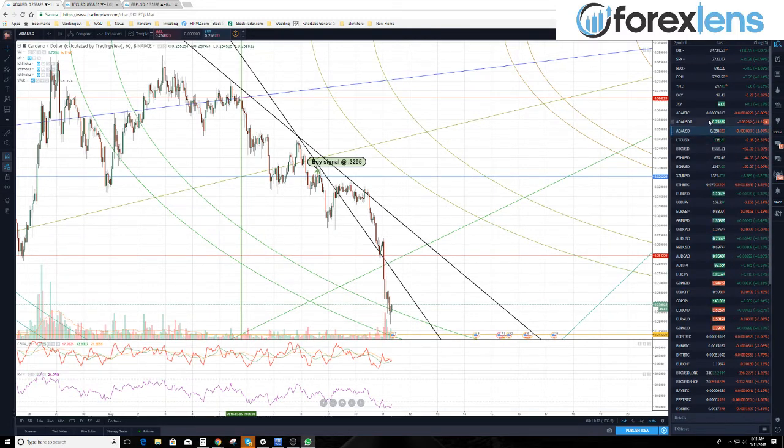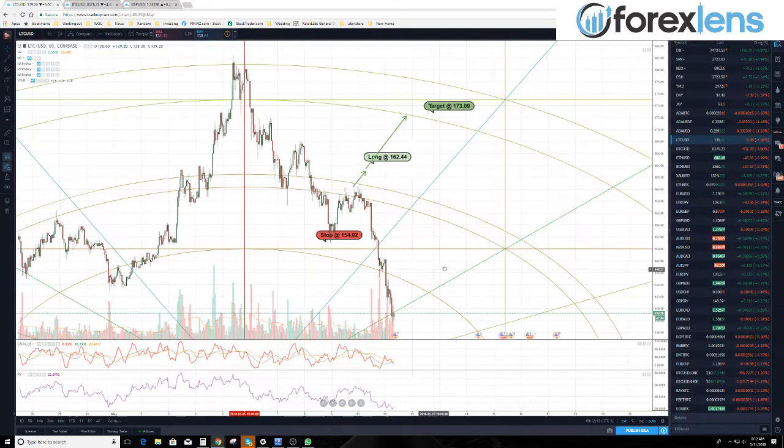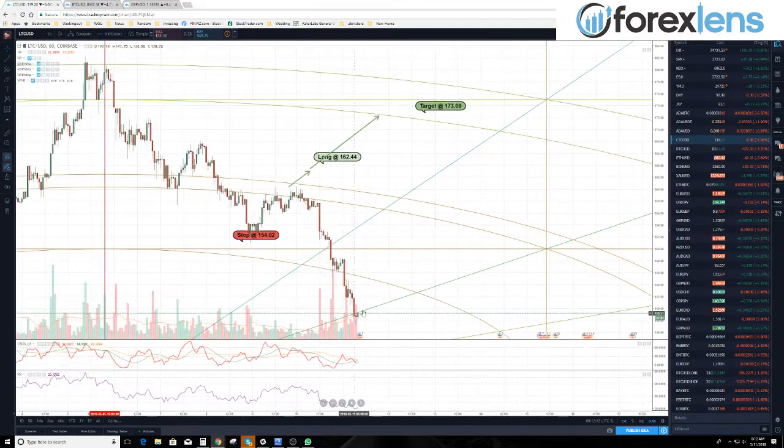I'm putting in a trade idea for that, but the Bitcoin price is a 0.30. Litecoin probably as well too. Oh yeah, Litecoin's actually really good. If we get back above the 45, so Litecoin at 139, just say long at 140. That should bring us back above the 45.